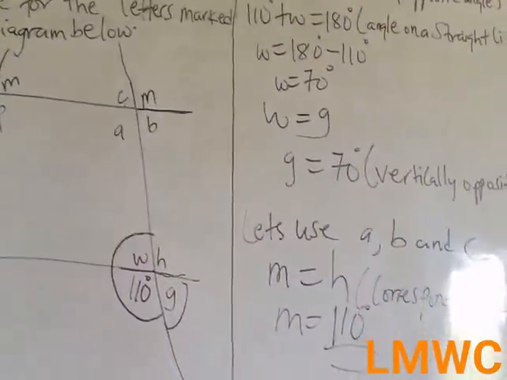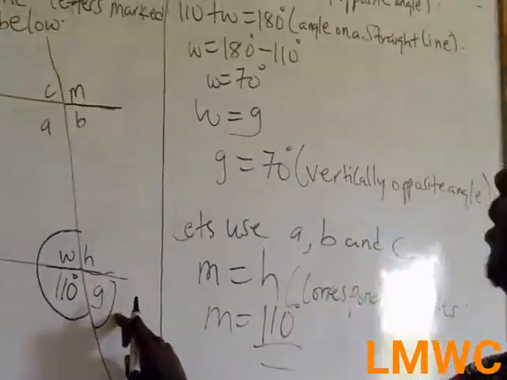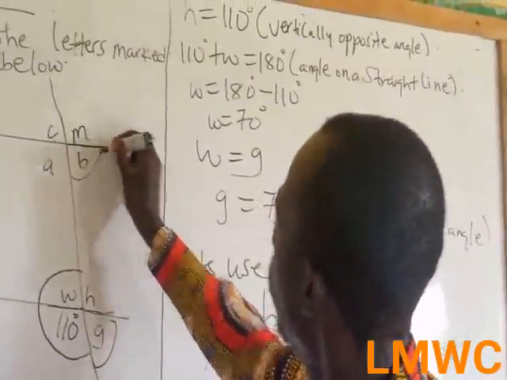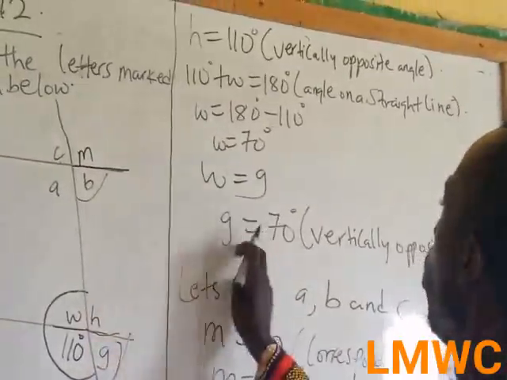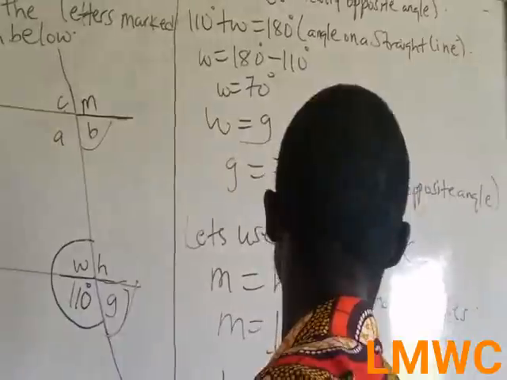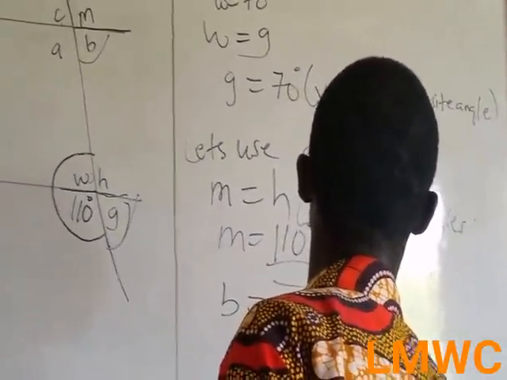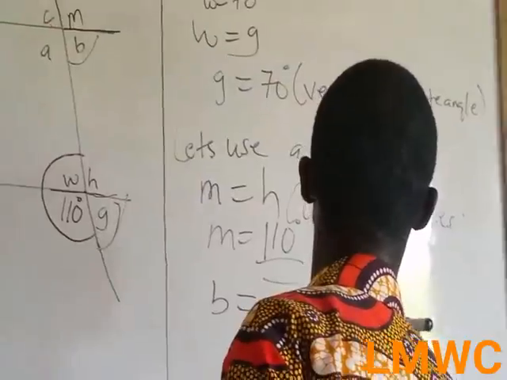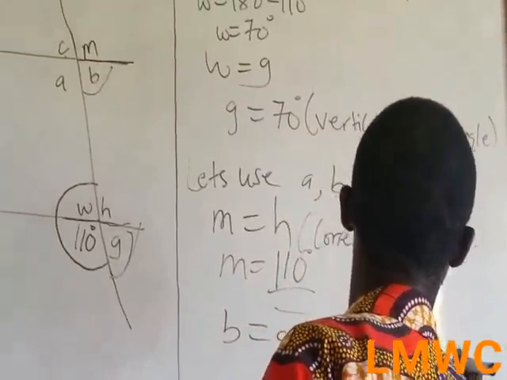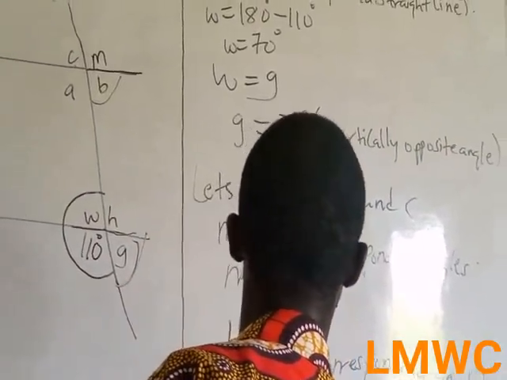Let's move on to B. B corresponds to J. Because this is at the bottom, this is at the bottom. And we know J to be 70. So B is equal to J. Corresponding angle. So B is equal to 70 degrees.